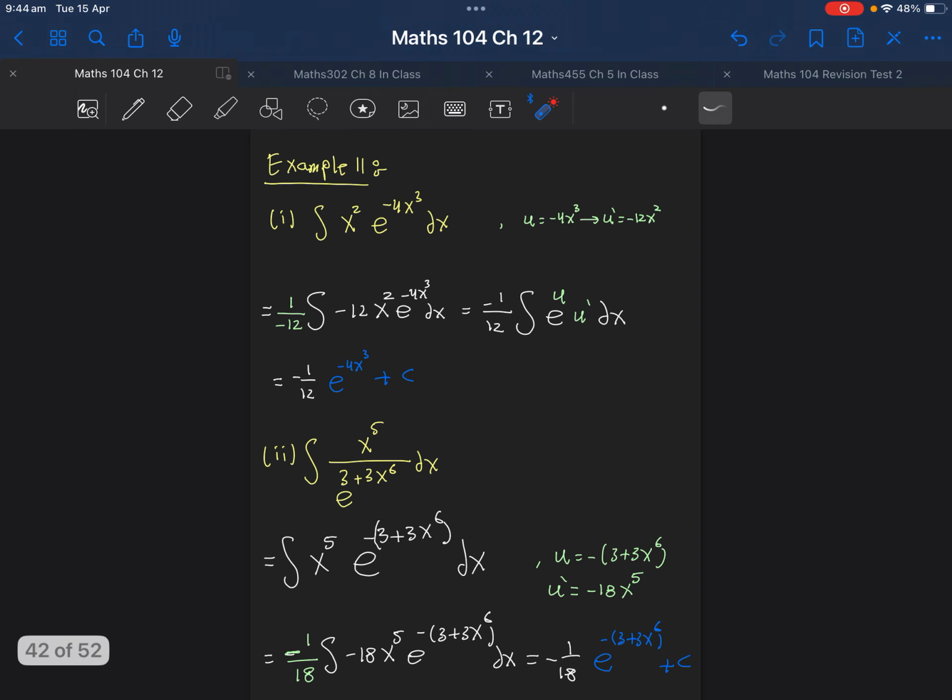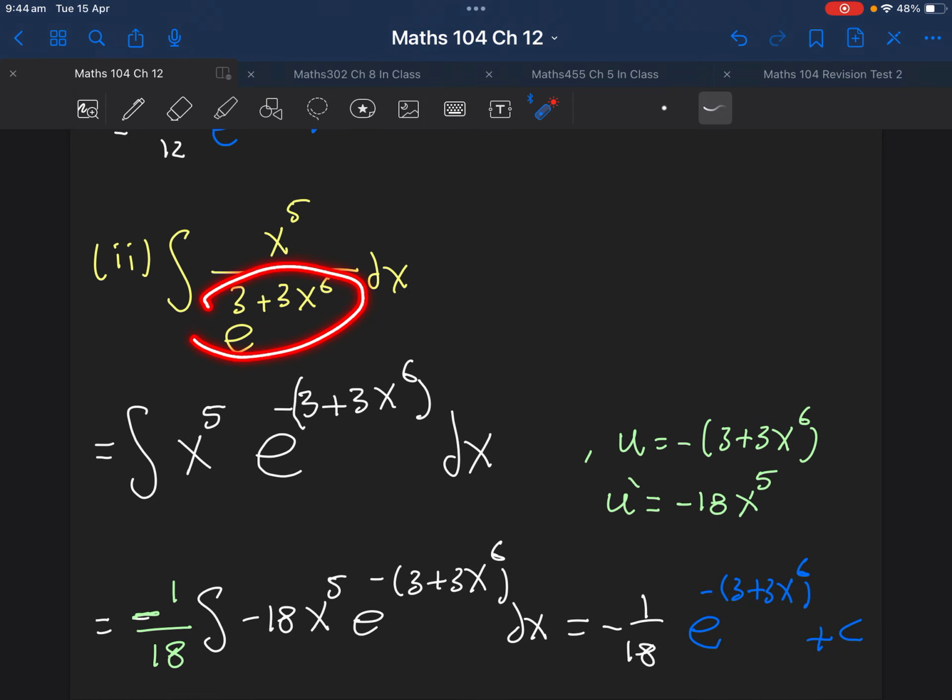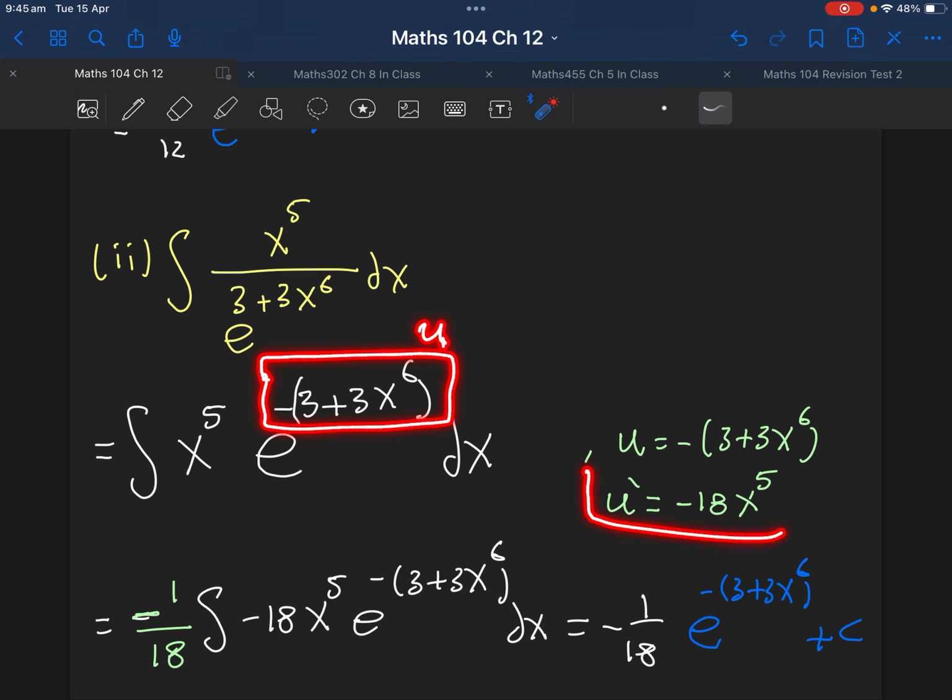That's how we did it. Let me just go through it quickly here. First step, I take this e up, so it will become with a negative sign. Second step, I look at this one, the inner function. I call it u. And then I check the derivative, because I want to make sure that the derivative is sitting here, so I can use the shortcut I just mentioned.